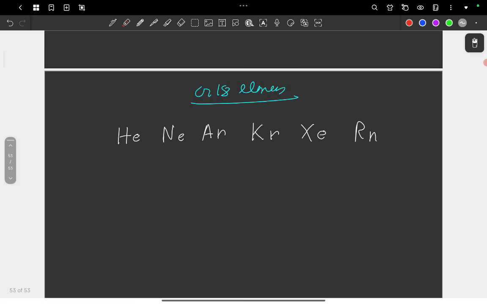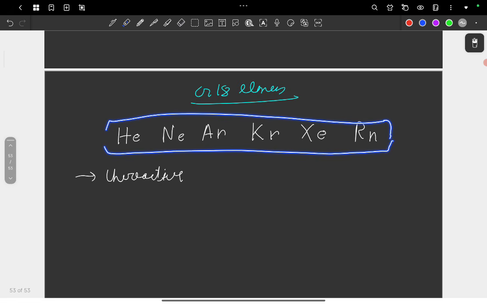So, why are they called the noble gases, you may ask? They are called noble because, first of all, they are unreactive. And contrary to what some people think, they actually form very few compounds.